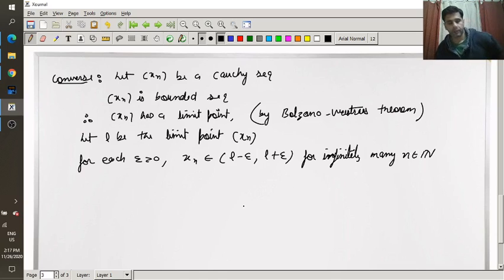Yes, right? So this is for a fixed epsilon, for a given epsilon.